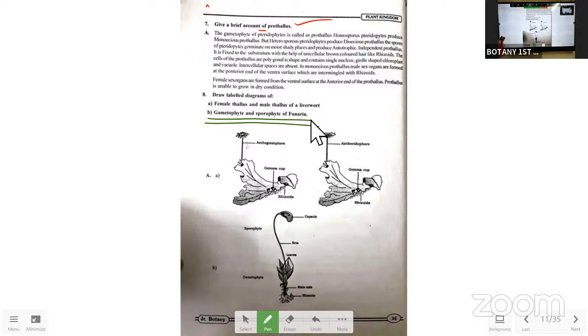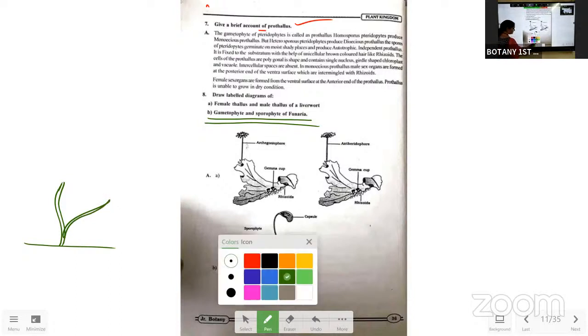If this is the base, that is the soil, then this is the stem having one branch, okay, and rhizoids.